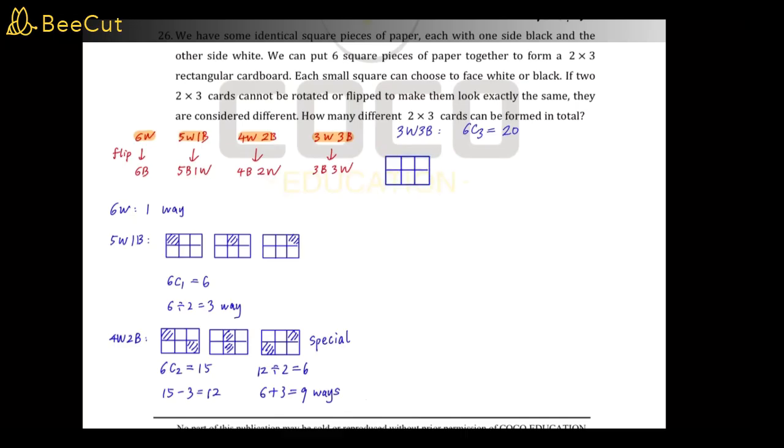Okay, then we are going to group them together. So let me draw the 2 by 3 rectangles first.